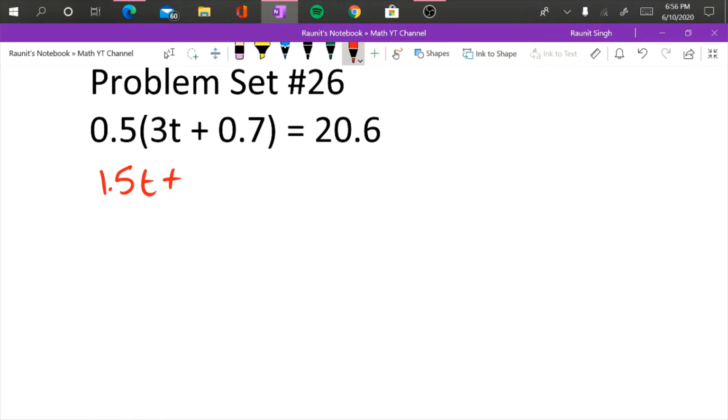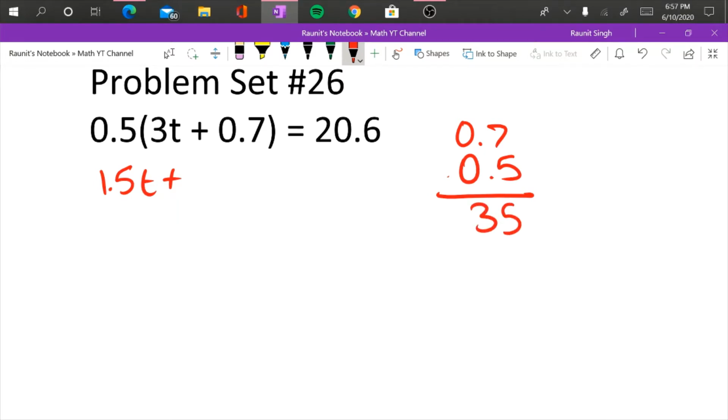And I don't think I've taught you multiplication of decimals yet, so let's just do that right now. 0.5. When you multiply decimals, it doesn't really matter whether the decimals line up or not, unlike in addition or subtraction, and you just do normal multiplication. In normal multiplication, zeros usually don't matter, so we're just going to do 7 times 5, which is 35.